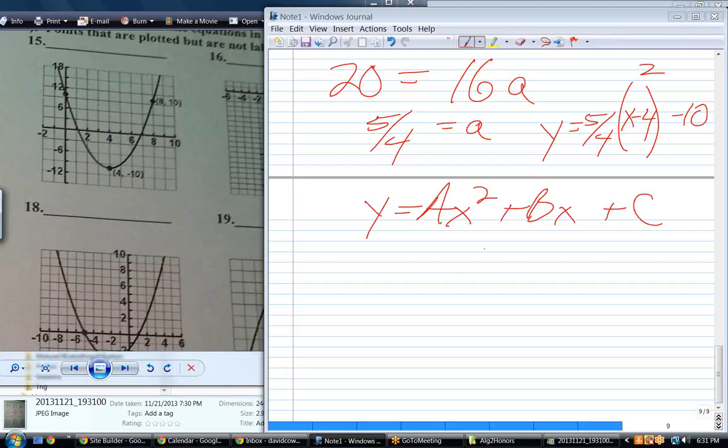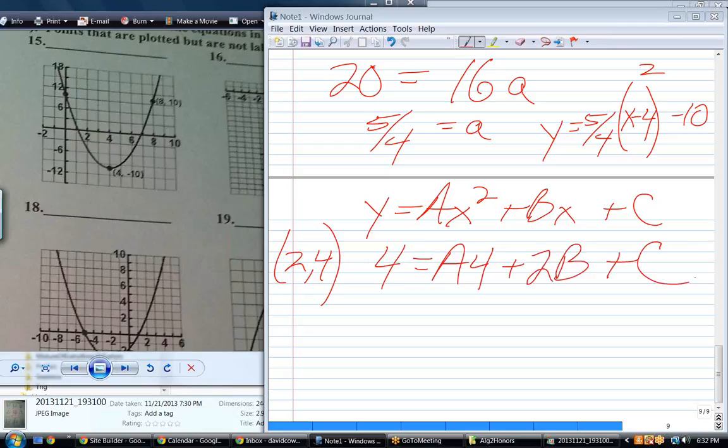If I started with one point, let's say 1 point is (2, 4), I can get one equation by plugging in 2 for x and 4 for y. There's one equation. Notice that I still have 3 variables that I don't know what they are, a, b, and c. Now they give me another point.